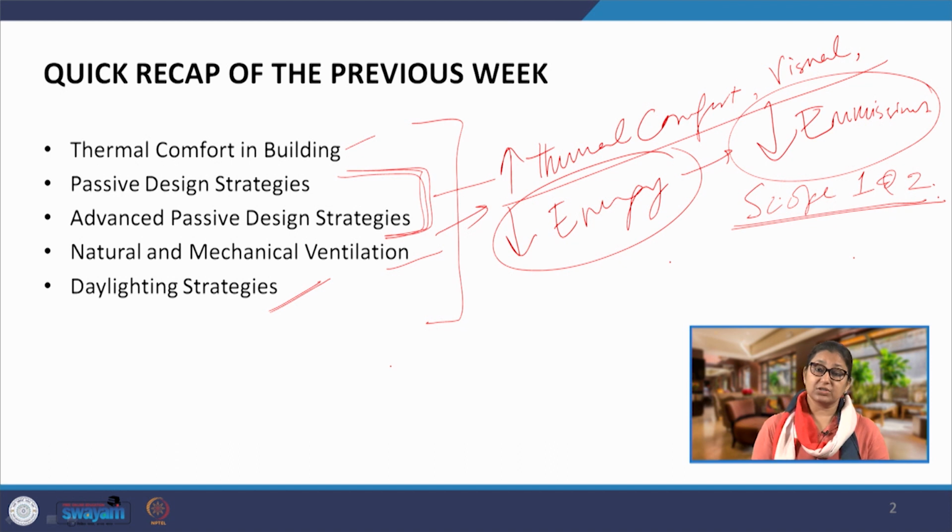How much reduction is going to happen, we will see in the next week, where we do the calculations: if we select one particular strategy, how much reduction can we get. But so far we understand that these passive design strategies are going to bring us scope 1 and 2 emission reduction, which is the primary focus of this course.